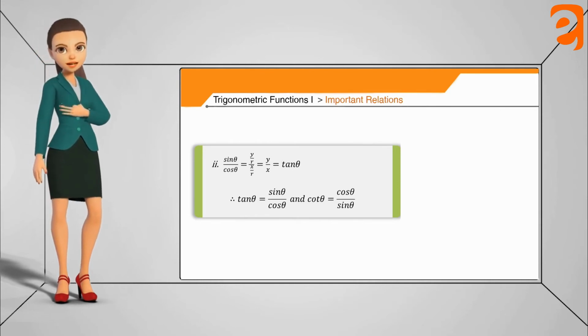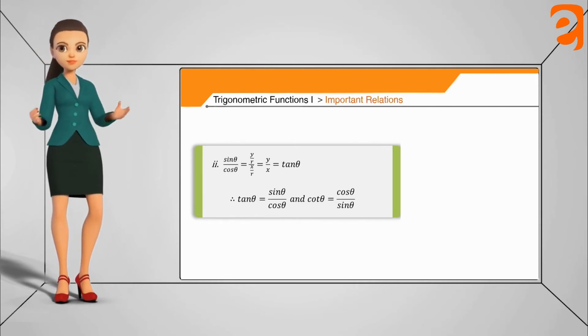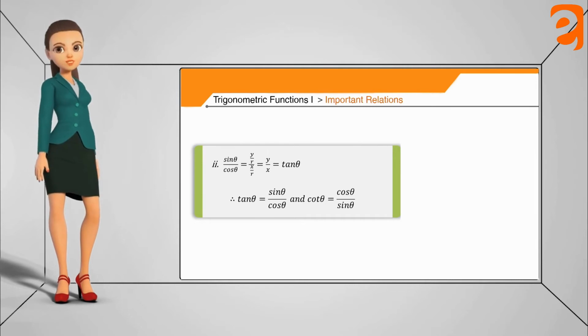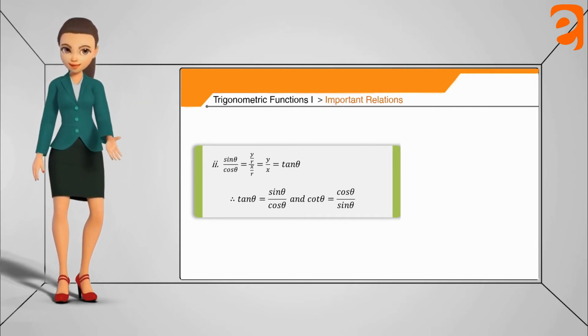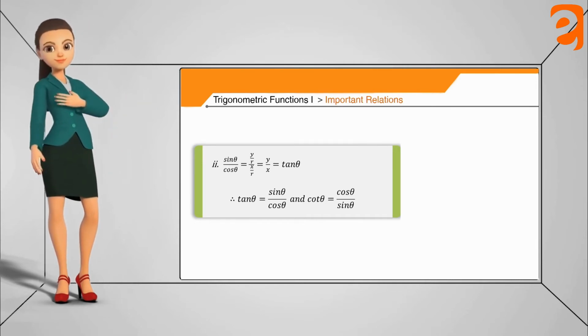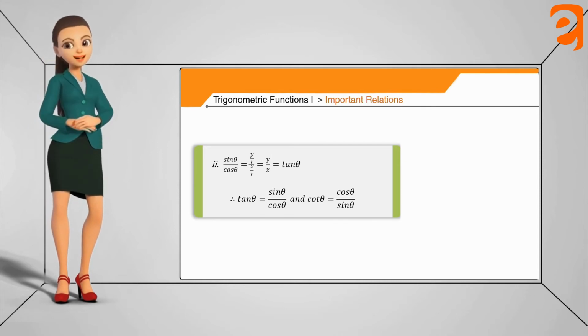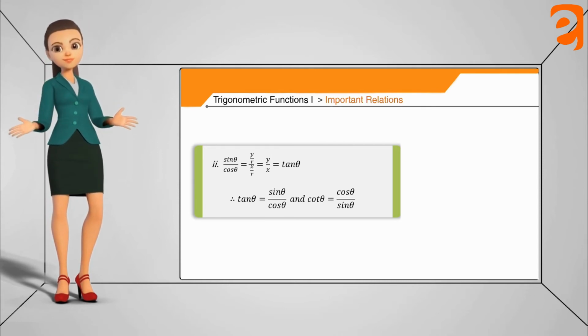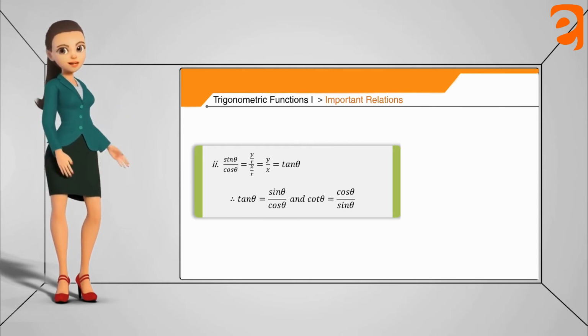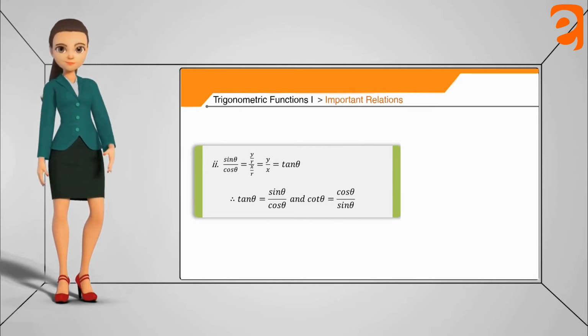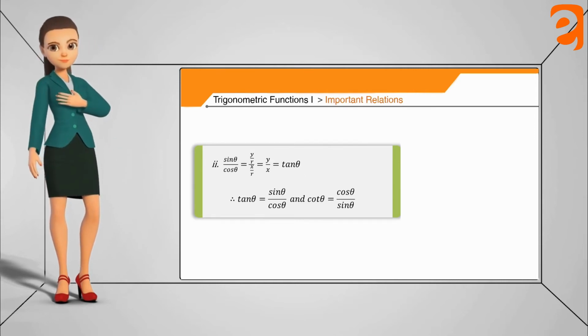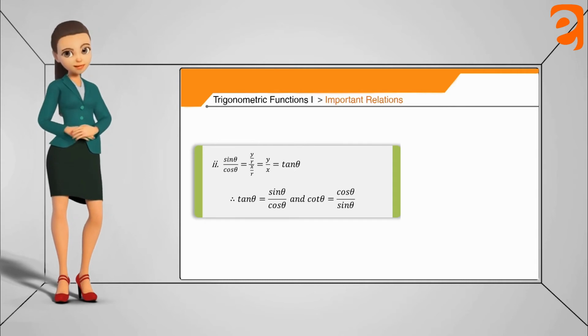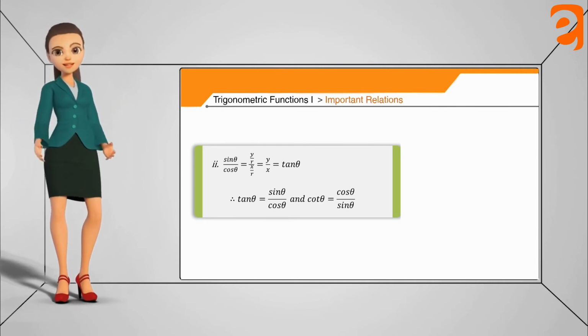Now let us look at the relationship between sin theta, cos theta and tan theta. If you divide sin theta by cos theta, as defined, sin theta is perpendicular by hypotenuse and cos theta is base by hypotenuse. Put the values there. So it comes out to be y by r whole divided by x by r.